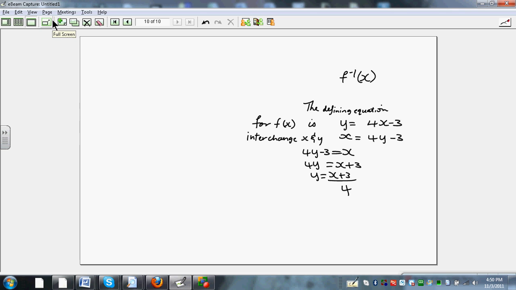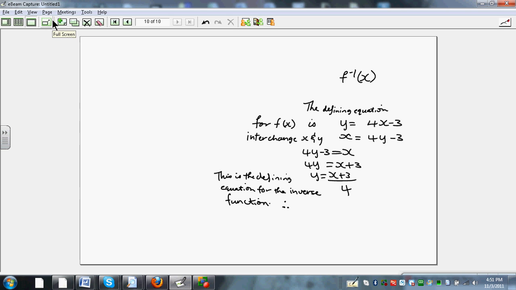Now that actually is the defining equation for the inverse function.